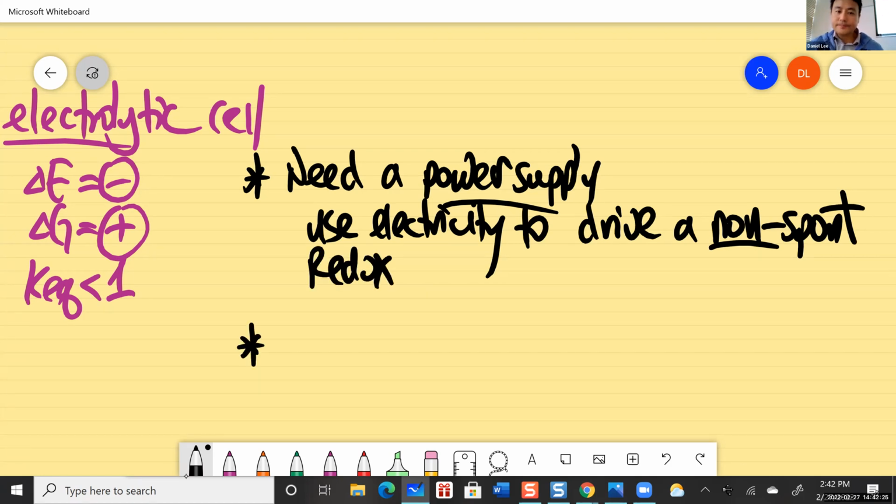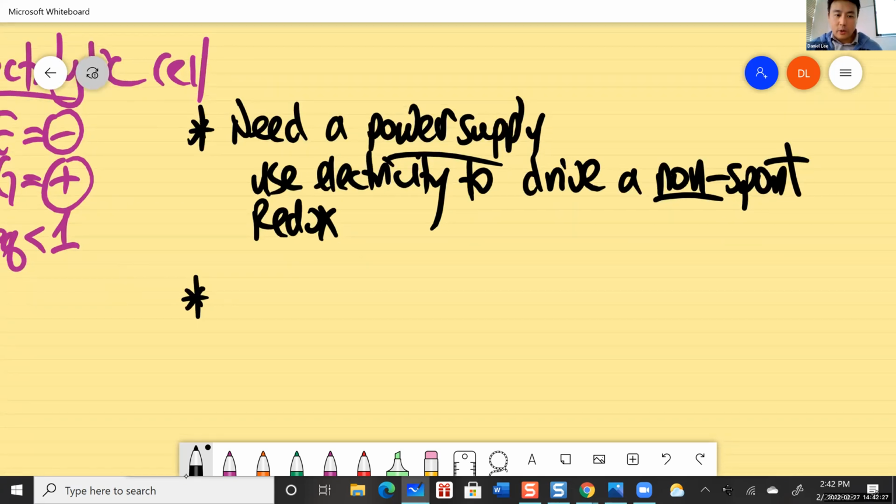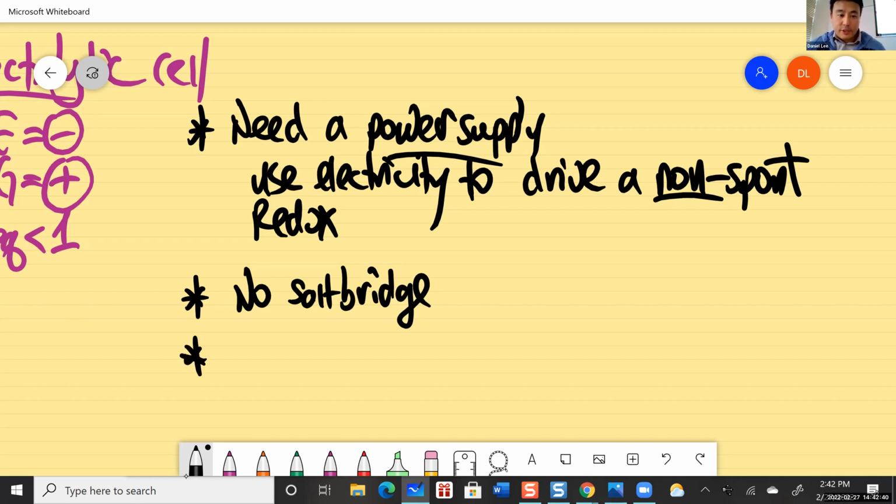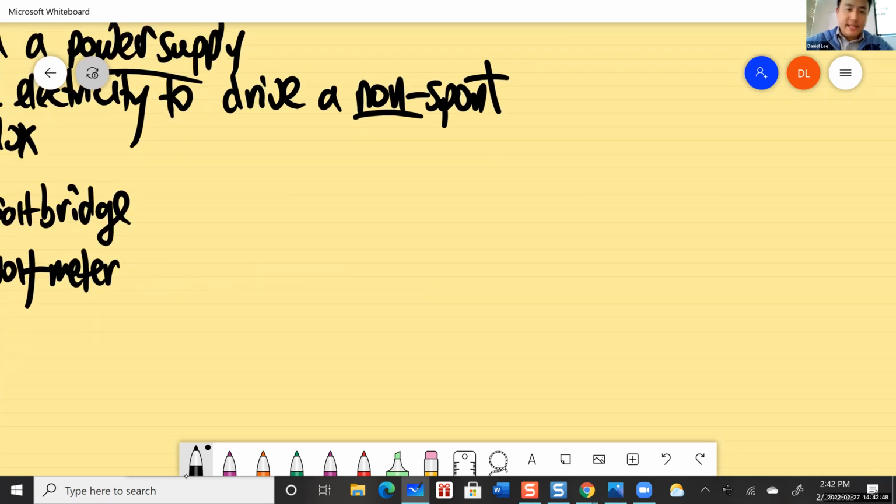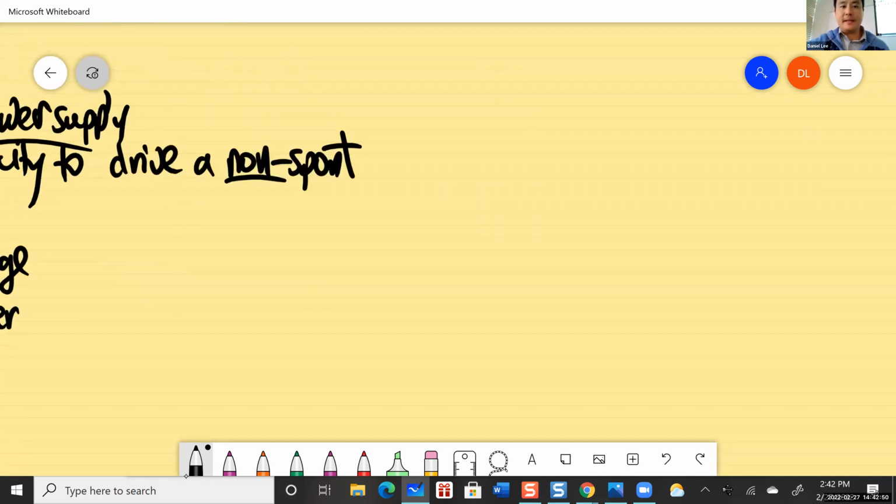And also, there's no salt bridge. You're not going to see a salt bridge. There's no need for a salt bridge. And also, there's no voltmeter because you're not producing electricity. So you're not going to see those. What you have is a power supply.